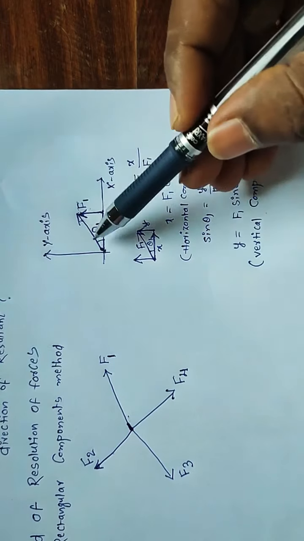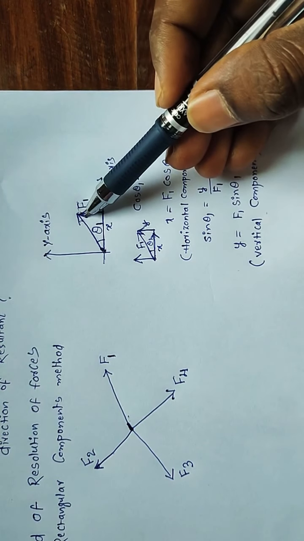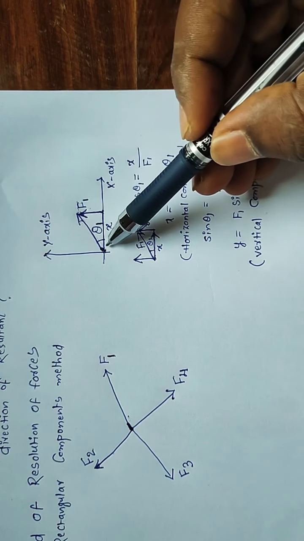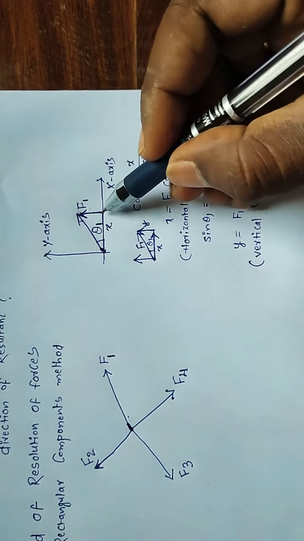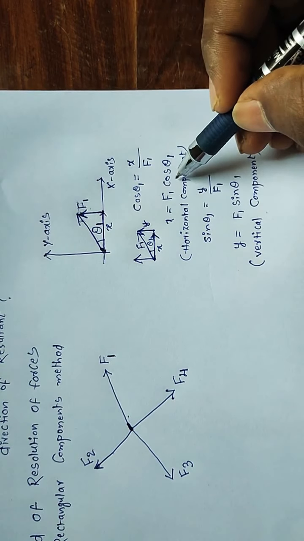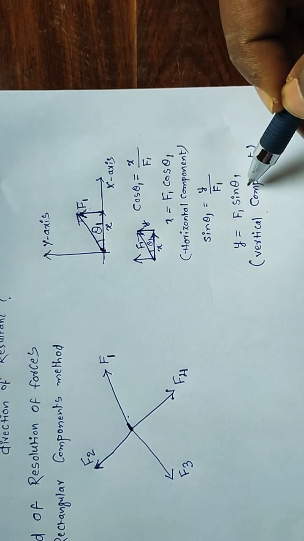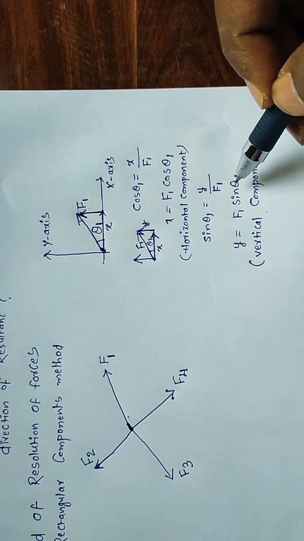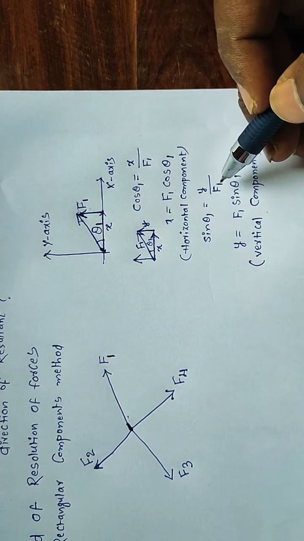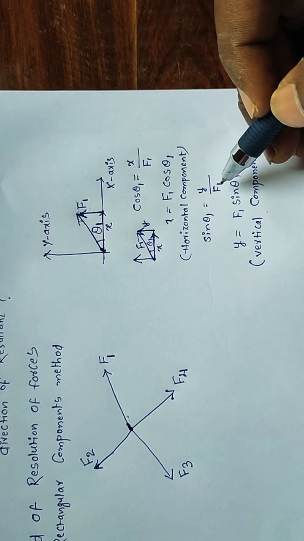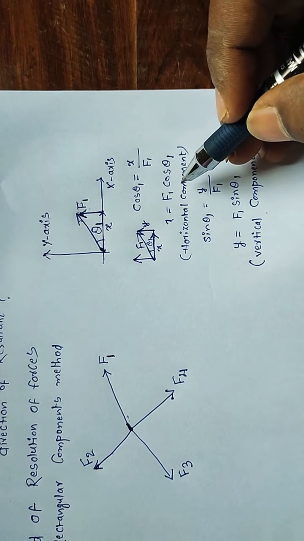So for a force F1, we are getting two components. The horizontal component is F1 cos theta 1, and the vertical component is F1 sin theta 1. For every force, it may have two components, a horizontal component and a vertical component.